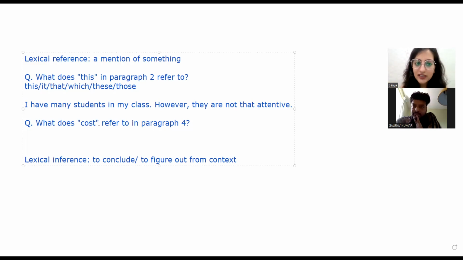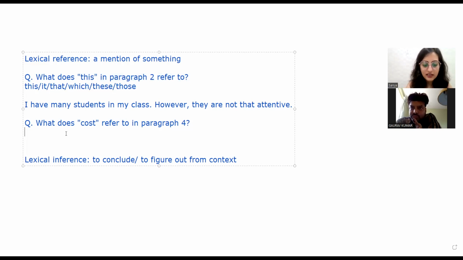In these kind of questions, when they ask you a word, what does cost refer to? The same thing cannot apply now because whatever cost is referring to, it can be written later on. It can be written previously also. So the same thing which applies for pronouns, we can't say the same over here.